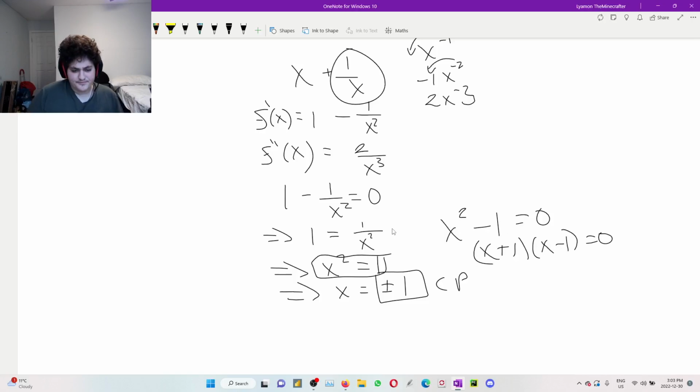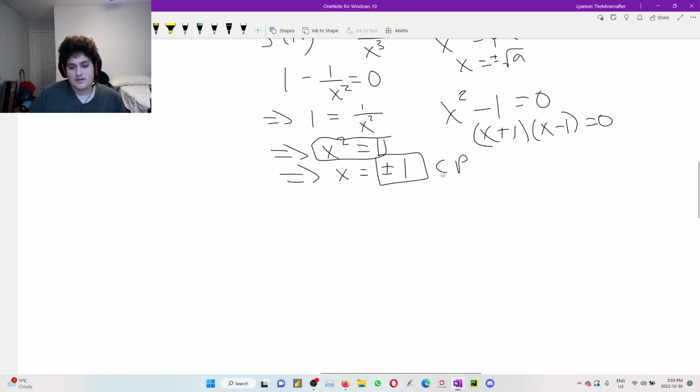In general, for x squared to be equal to any value a, either x has to be equal to root a or negative root a. Those are the only two ways it could possibly be. So those are critical points.